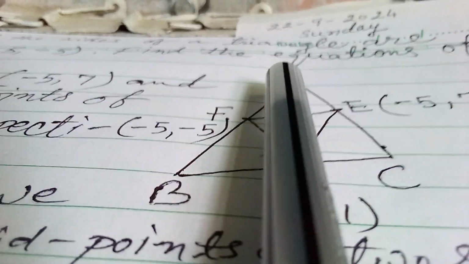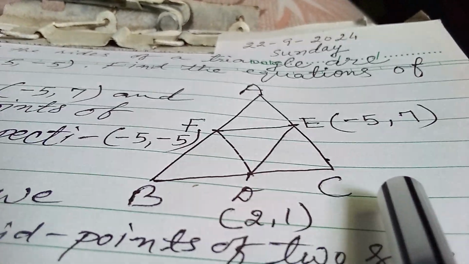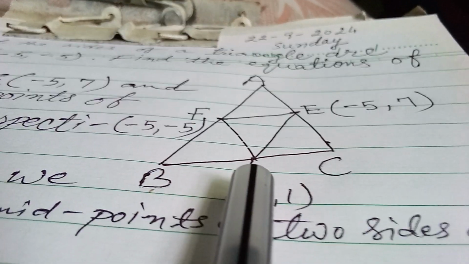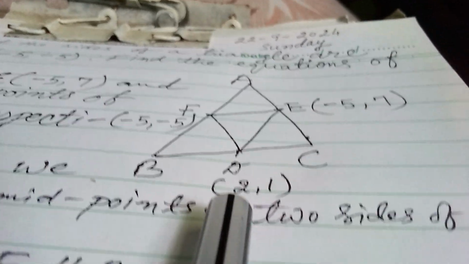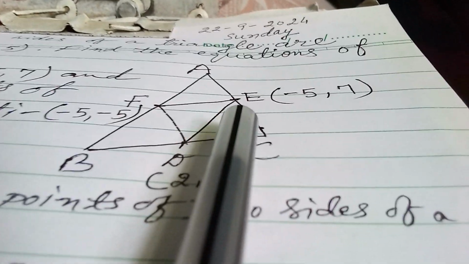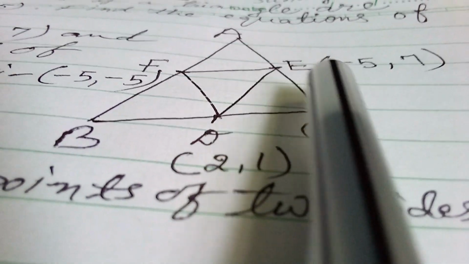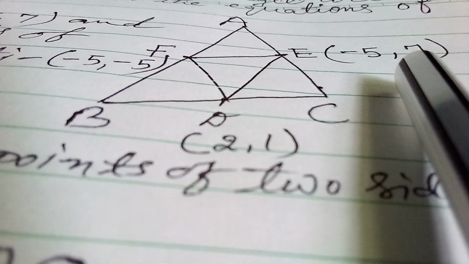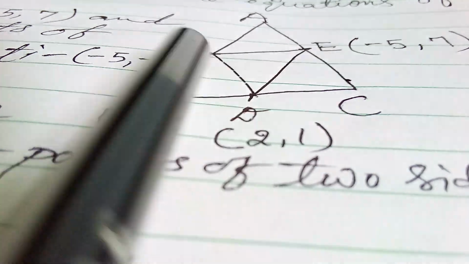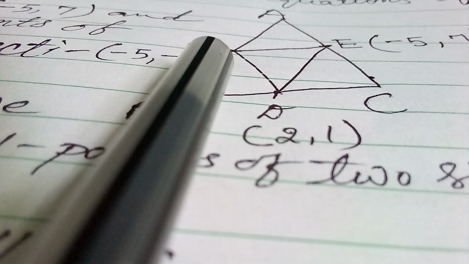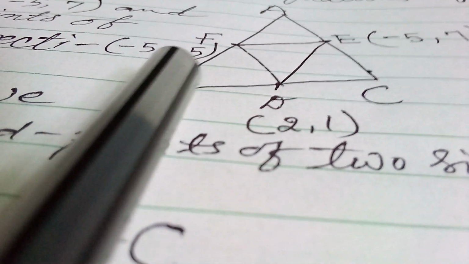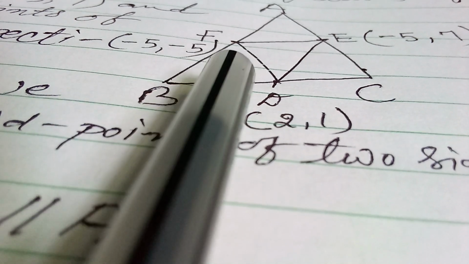Here this is the triangle ABC. D is the midpoint of BC and its coordinates are (2, 1). E is the midpoint of AC and its coordinates are (-5, 7). And F is the midpoint of AB whose coordinates are (-5, -5).